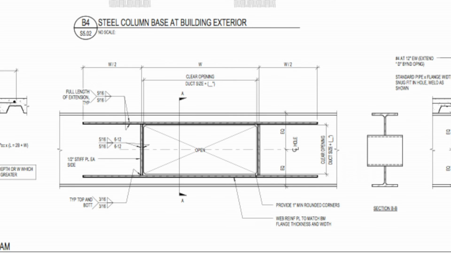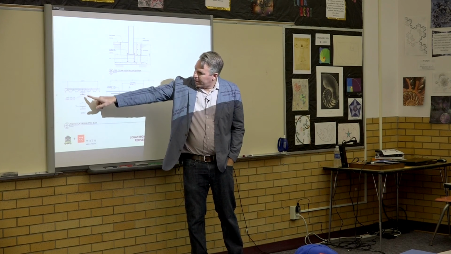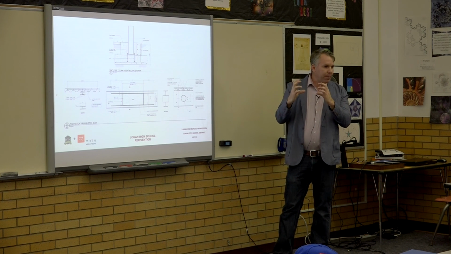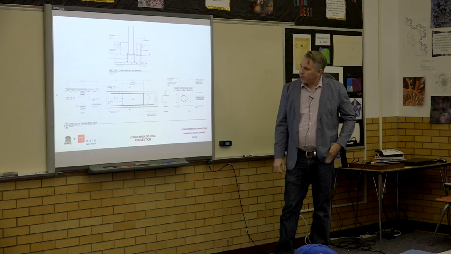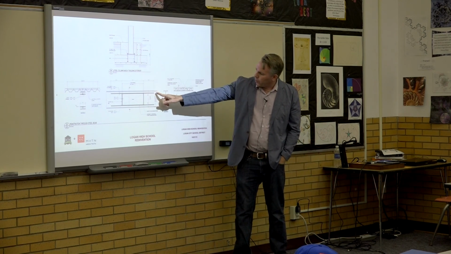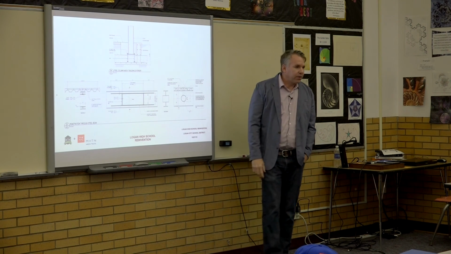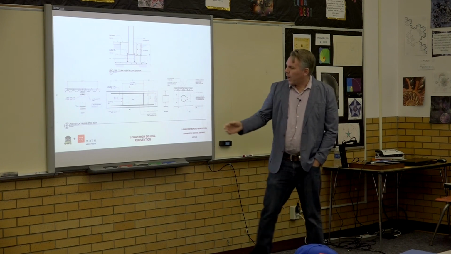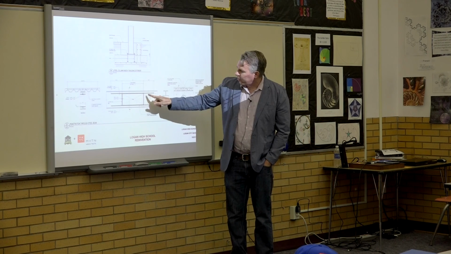So when I cut this one, you can see what the structural engineer is actually asking the contractor to do is add more horizontal pieces at the top and the bottom of that beam, right above the opening and right below the opening. And he's also asking for them to extend those pieces a certain distance. Anyone want to take a guess as to why he's having them add these additional pieces?